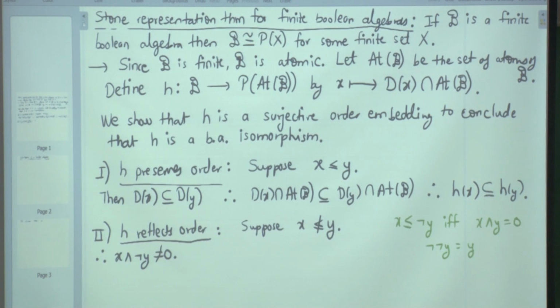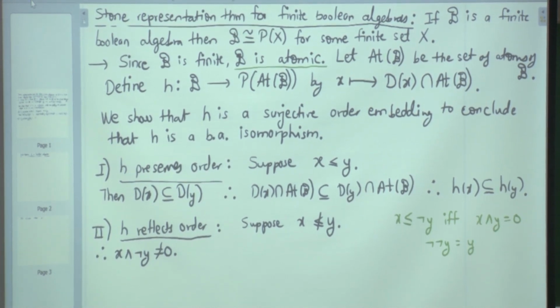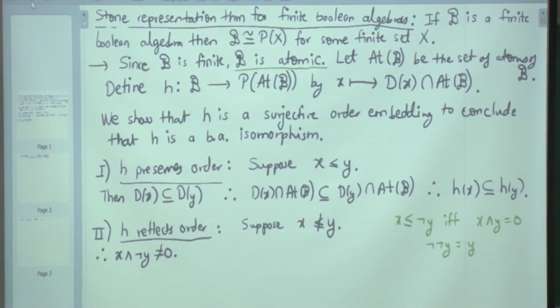Now look at this particular statement. B is atomic. What is the definition of atomic? For every non-zero element, there exists an atom below it. So now we got something non-zero: X meet negation Y is non-zero.